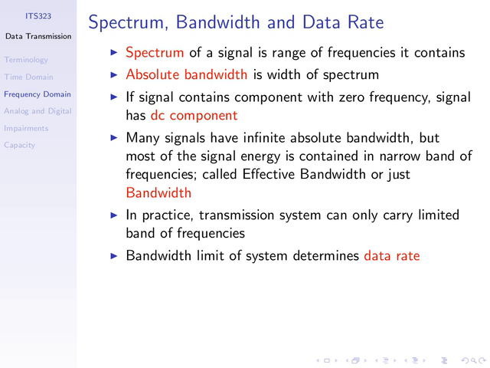Any signal can, in theory, be made up of different sinusoids, different components. We could write in theory an equation to represent any signal which has different components which are sinusoid signals. The absolute bandwidth is the width of the spectrum, that is the maximum frequency component minus the minimum. The range of frequencies that signal contains.